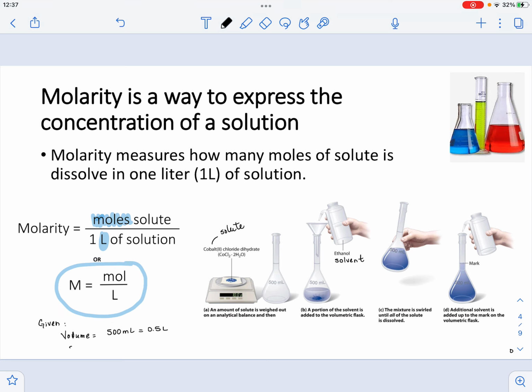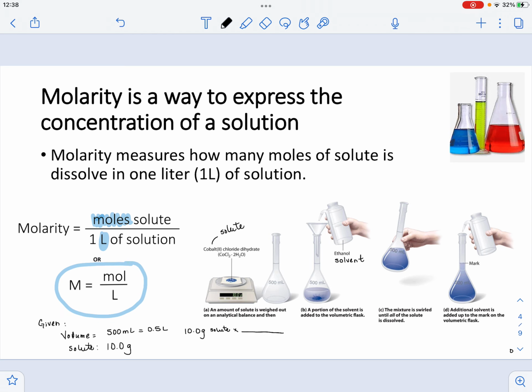When it comes to the solute, specifically, in the top loading balance, 10.0 grams of that solute was given. But understand that when we're calculating molarity, we need units of moles. So, in order to get the moles of the solute, we take the 10.0 grams of the solute and use the conversion factor of molar mass.